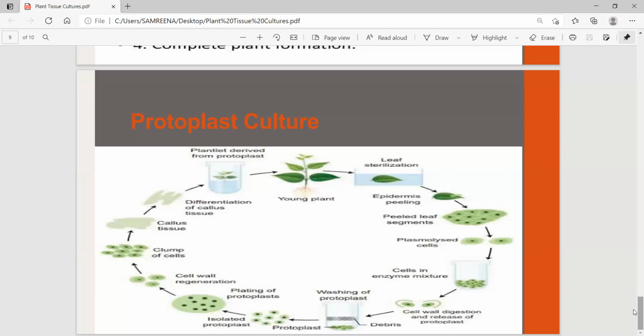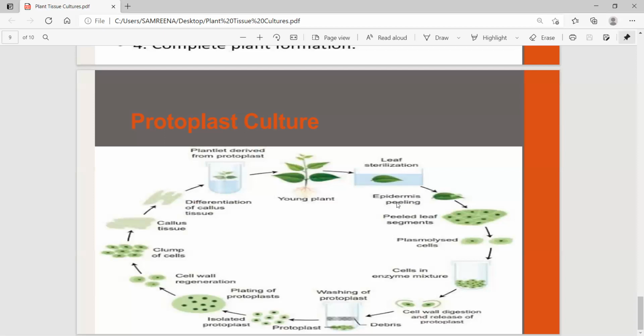Now, what is the protocol for protoplast culture? We will take a young leaf from a young plant, because a young plant always has more meristematic activity. In the leaf we have mesophyll cells, and there is intercellular space between the cells, so the space allows enzymes to break the cell wall easily.